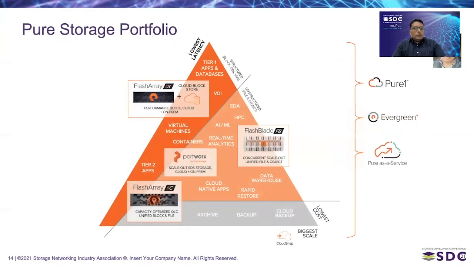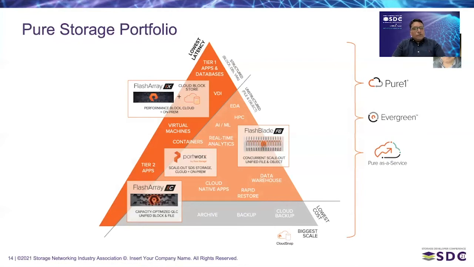Now, in the triangle, you'll see some of the products flashing in rectangular boxes, which has got FlashArray, which handles applications that are latency sensitive. Then on the right-hand side of the triangle, there's a box which says FlashBlade, which is another array, handling more throughput-related workloads, which is unstructured data, which supports files and objects.